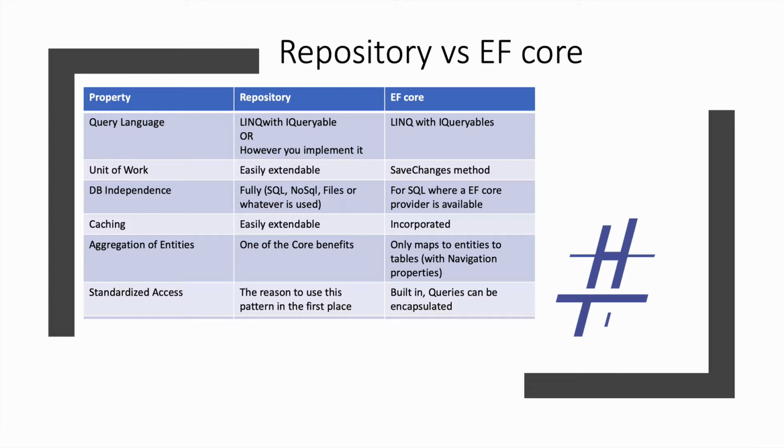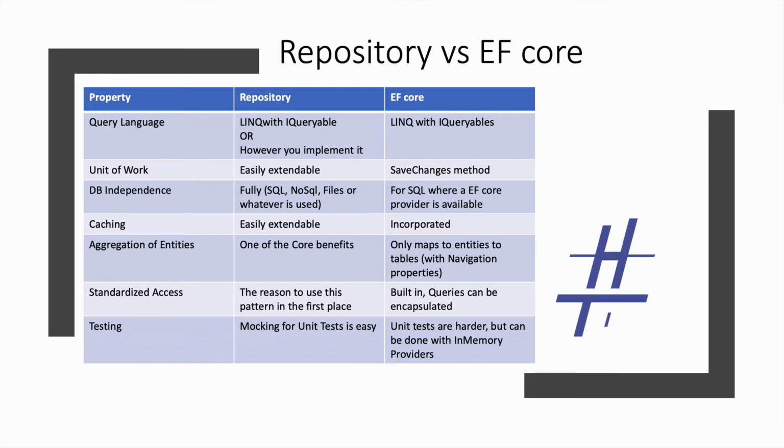Then for testing, I talked about this before, and I'm a huge fan of unit and integration testing for any application. So mocking for unit tests is very much the easiest path to take with the repository, because you have a standardized interface, and this interface can easily be mocked with anything like Moq and NSubstitute libraries for .NET Core.